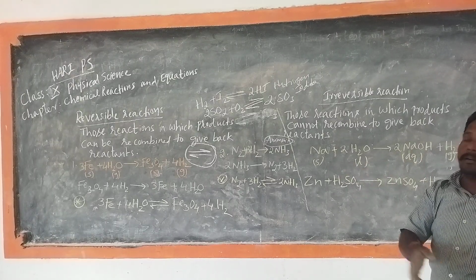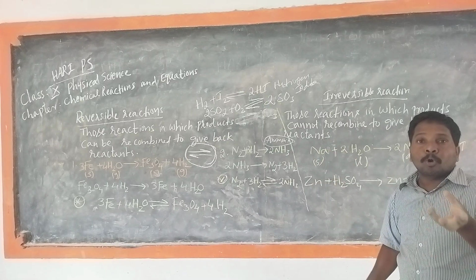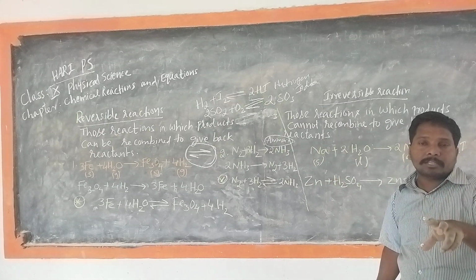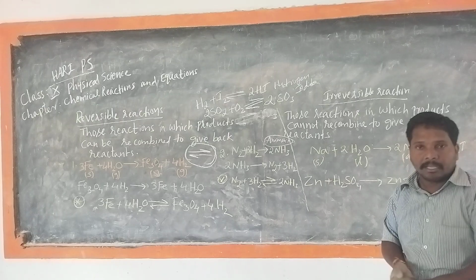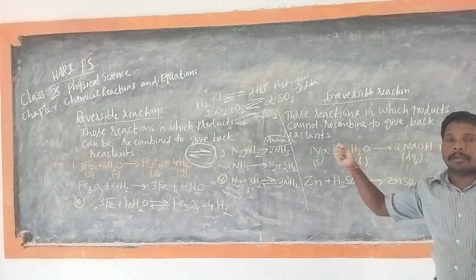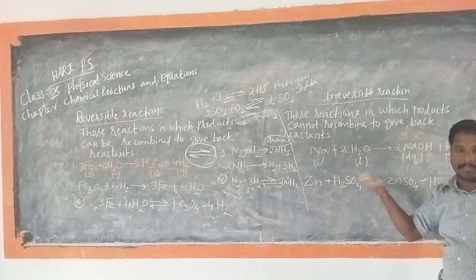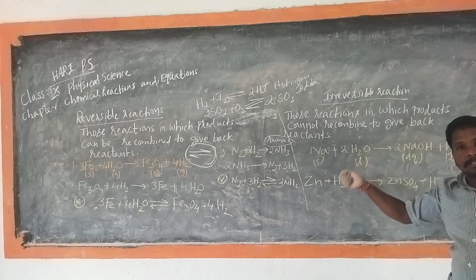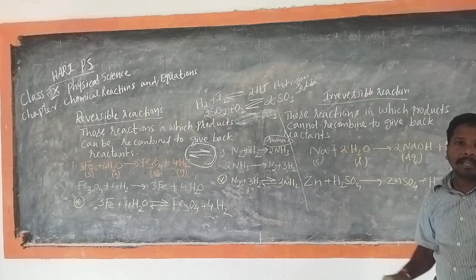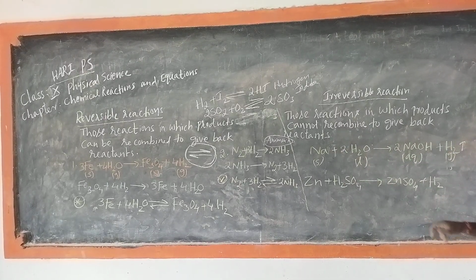Sodium and potassium are both soft metals which can be cut with a knife. We take a piece of sodium and drop it in water. It reacts to produce a hissing sound, and hydrogen gas is liberated.